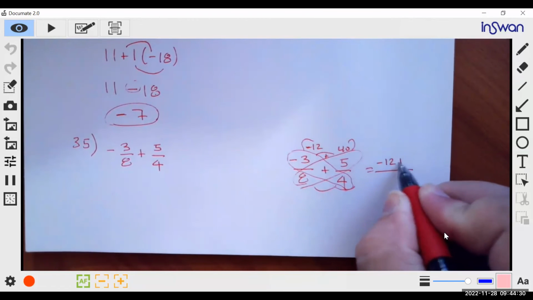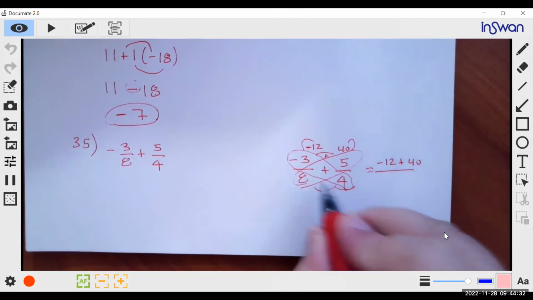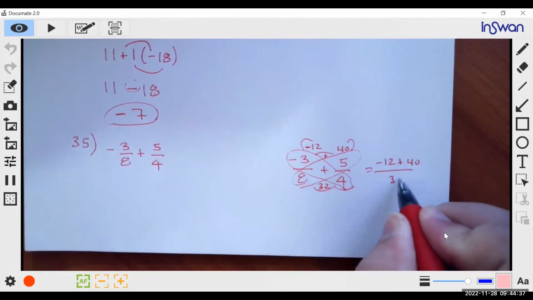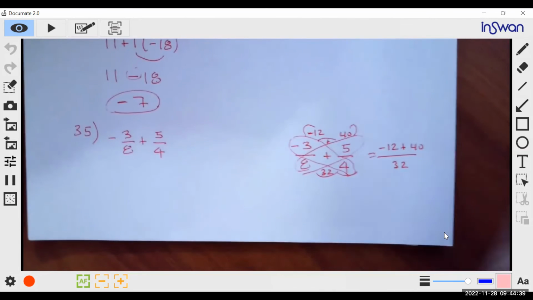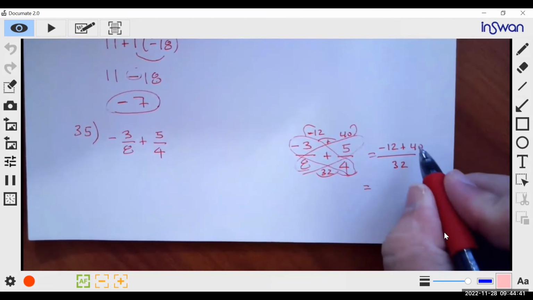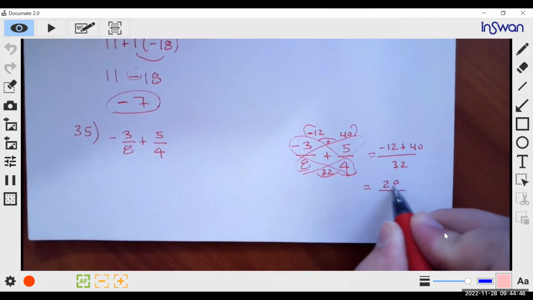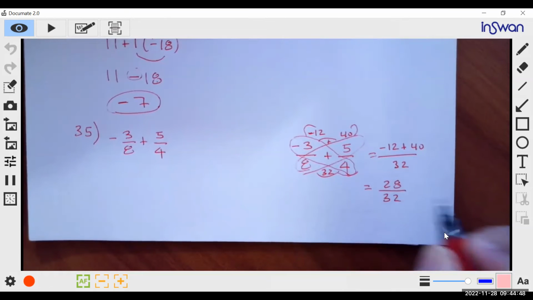Negative 12 plus 40. 8 times 4, 32. 40 minus 12 is 28 over 32.